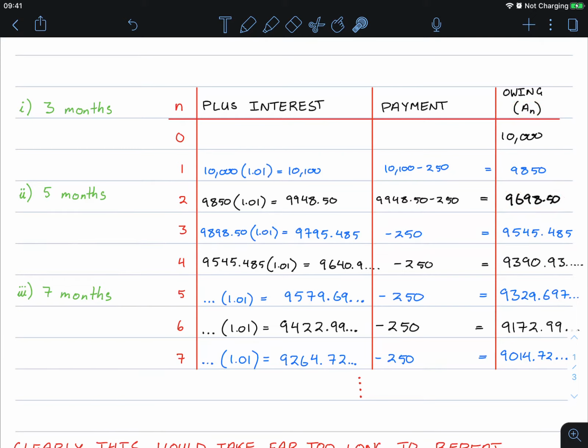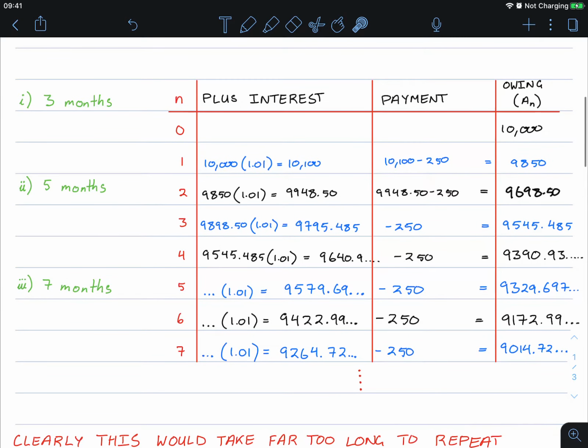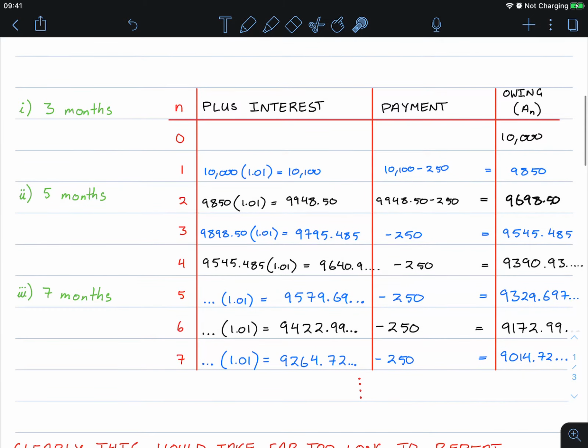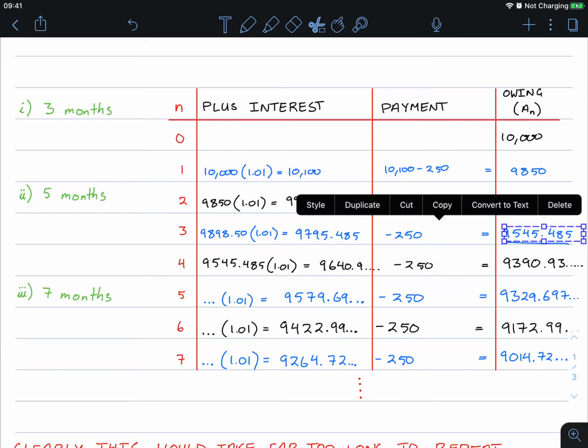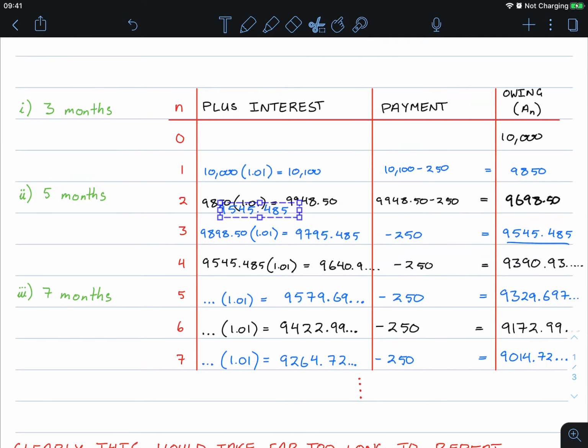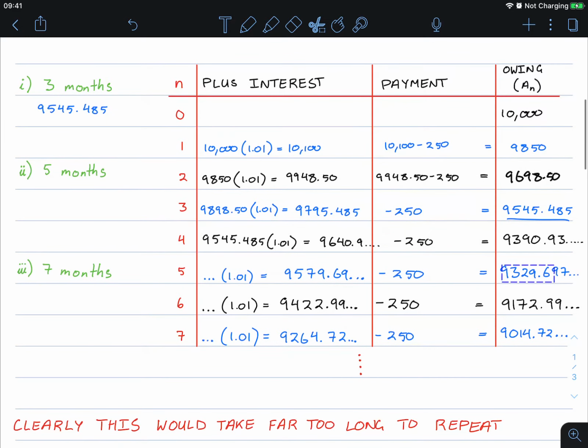And this repeats on and on and on until eventually this amount here will get to 0. Okay, so from here we can see that after 3 months we owe that amount there. Let's actually just copy that. After 5 months, it's that amount there.